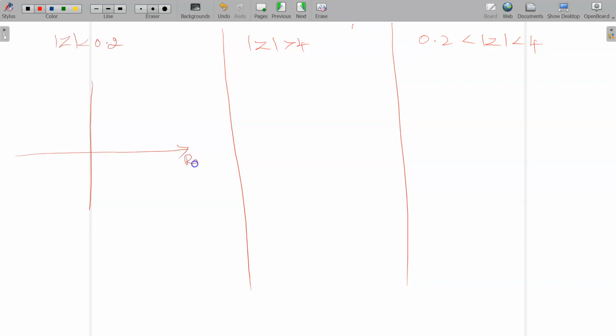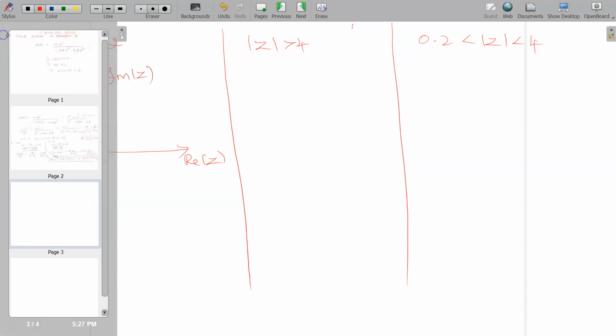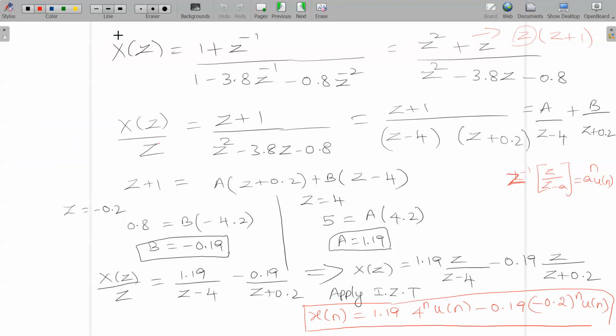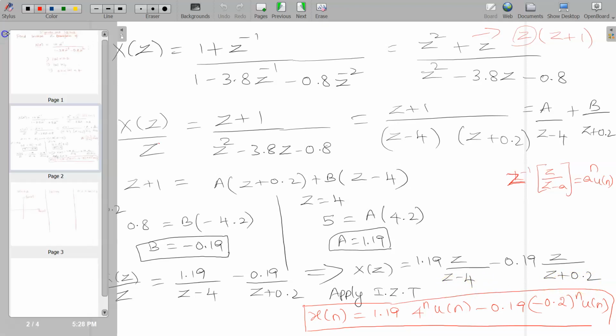Your x-axis is the real part of z, y-axis is the imaginary part of z. Using your X of z, what are all the poles available? Here z is equal to 4 and here z is equal to minus 0.2. So two poles are there.